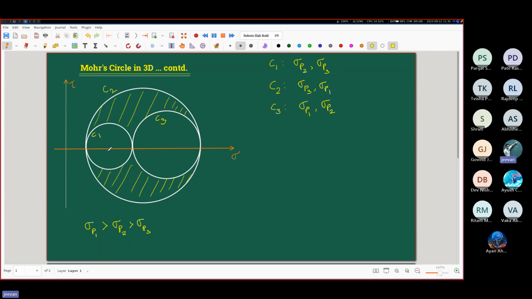Because we are familiar with the Mohr's circle in two dimensions already, with respect to circle C1, forget about everything else, what is the maximum shear stress?